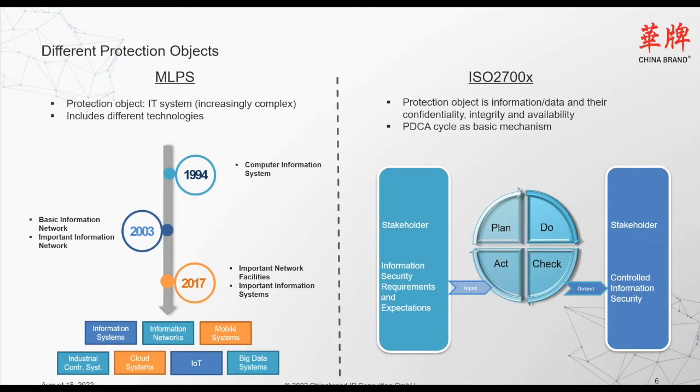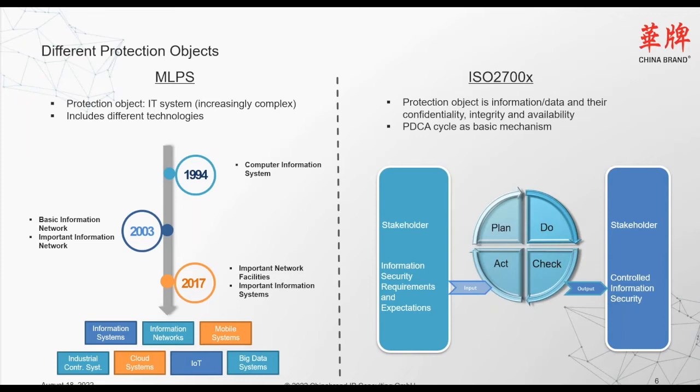So a company gets input, gets requirements and expectations regarding information security from different stakeholders, and will then build up an ISMS system around that, with the output being a controlled information security.